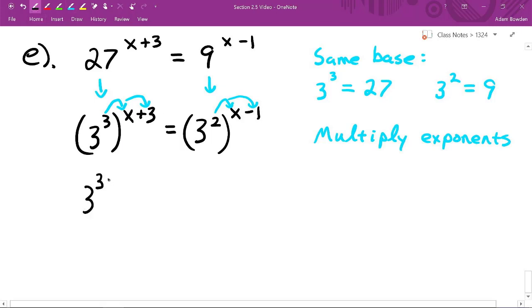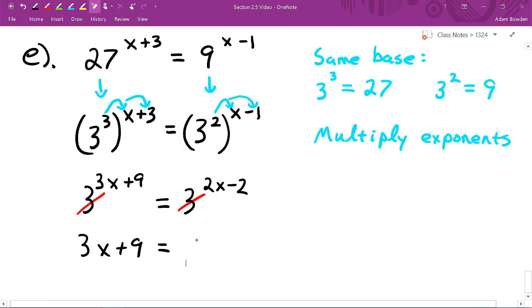We'll write it as 3 raised to the 3x plus 9 is equal to 3 raised to the 2x minus 2. Now we have the same base, 3. We can cross it out, leaving us with just what's up there on top, 3x plus 9 equal to 2x minus 2.